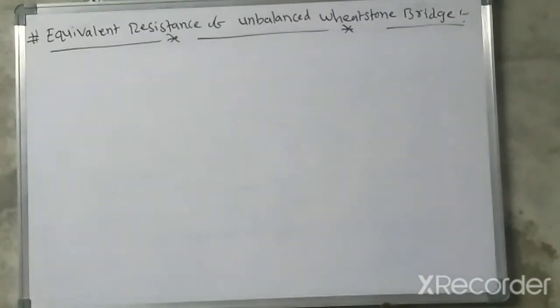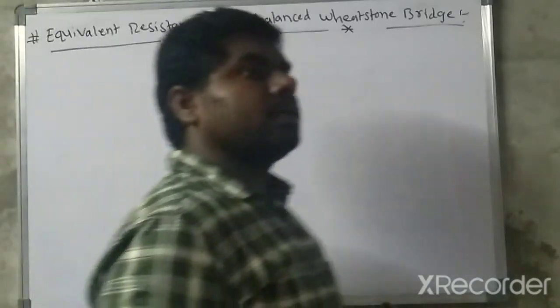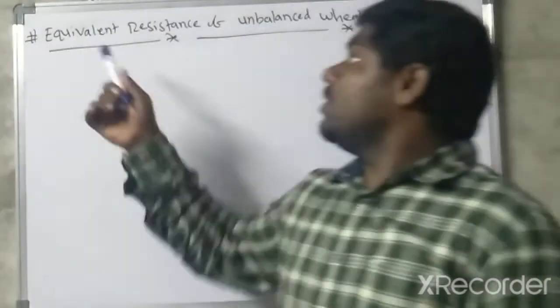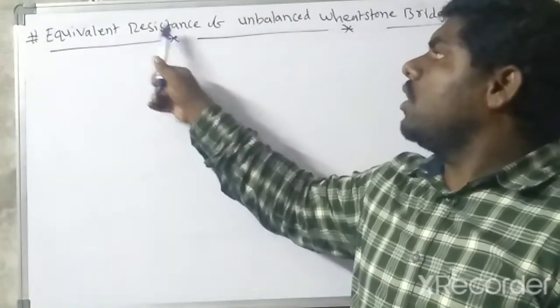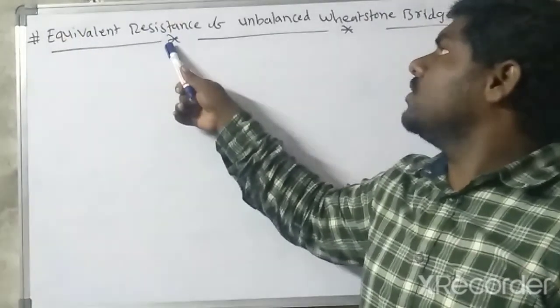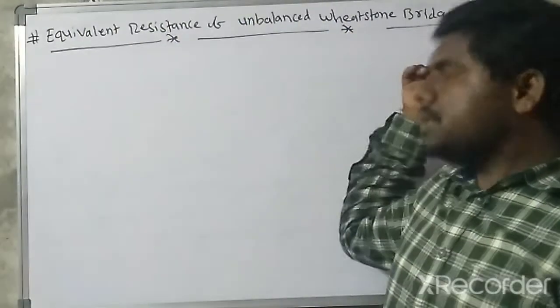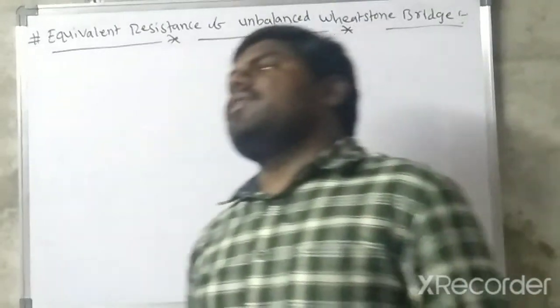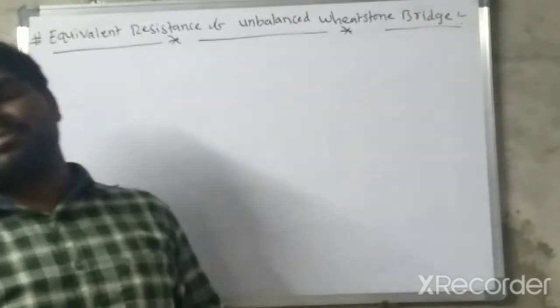Now we are going to discuss one more important case: the equivalent resistance. How to find the equivalent resistance of an unbalanced Wheatstone bridge. Already we know how to solve a balanced Wheatstone bridge, which we discussed in the previous class.